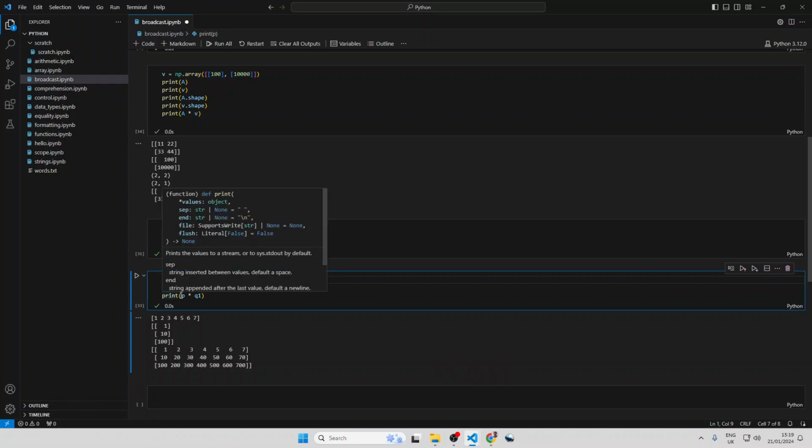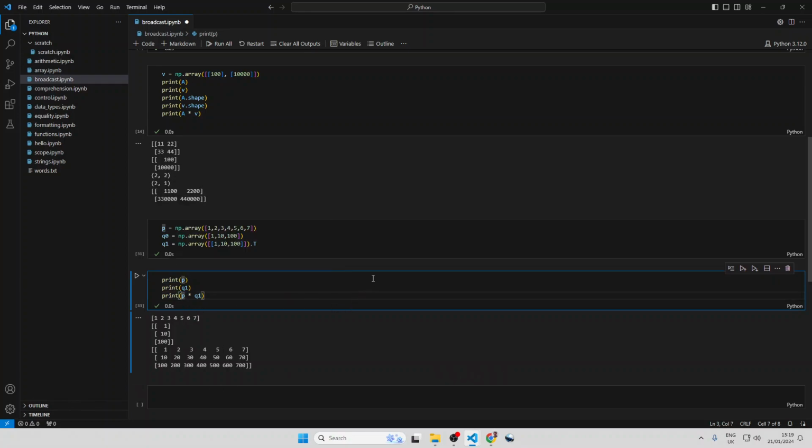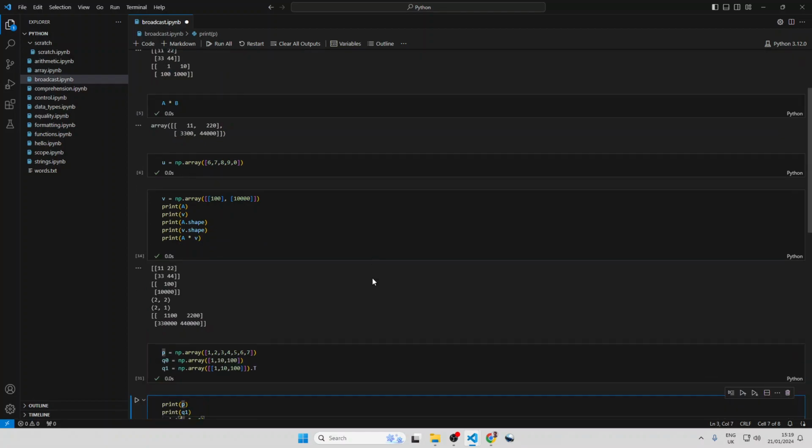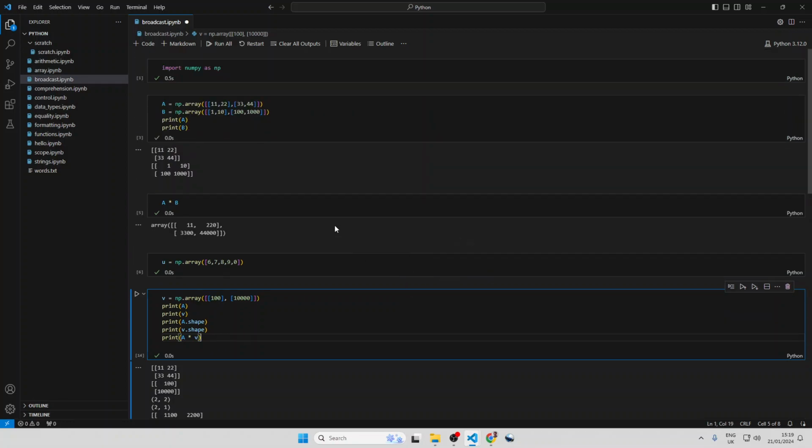I'll also mention, let's go back to the previous example with A and B. Of course, we can just do the sum of A and B, adding together the corresponding entries in the usual way.